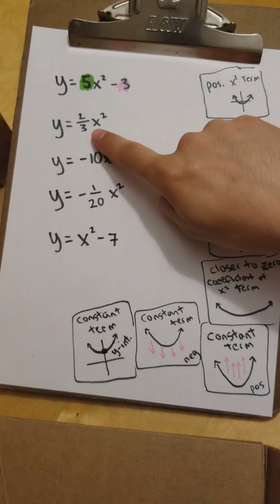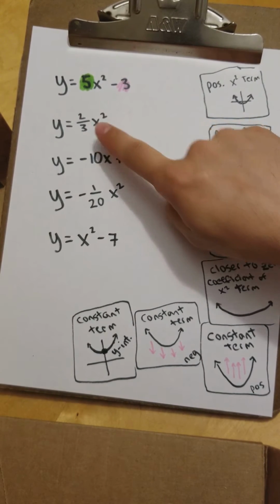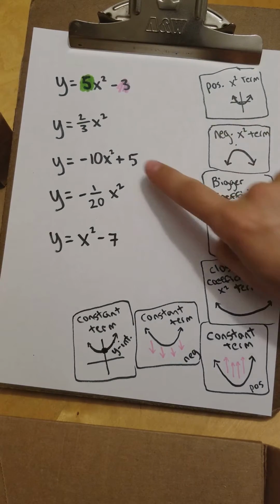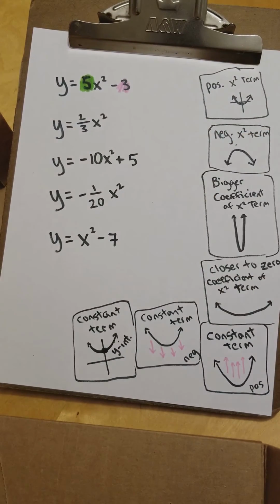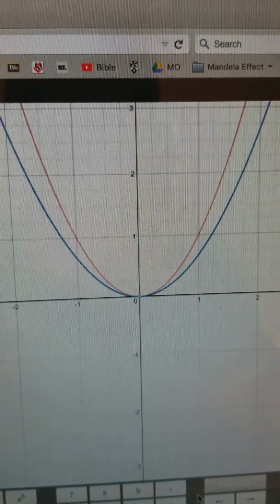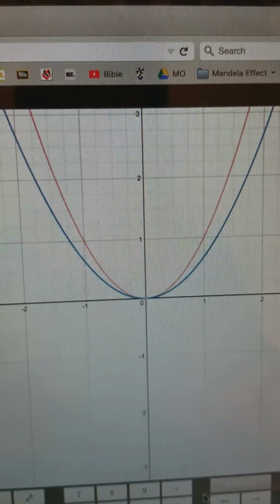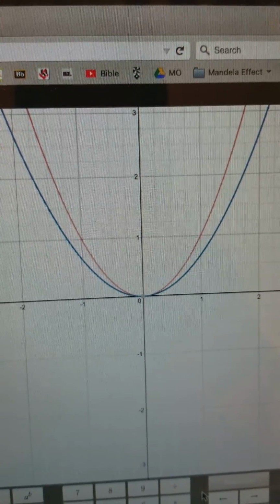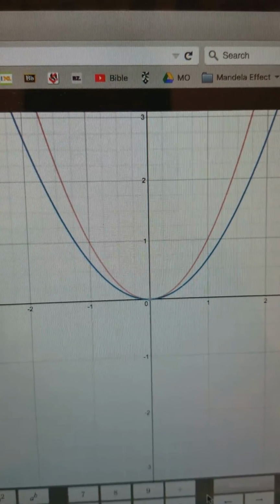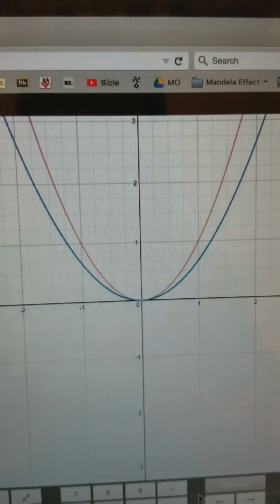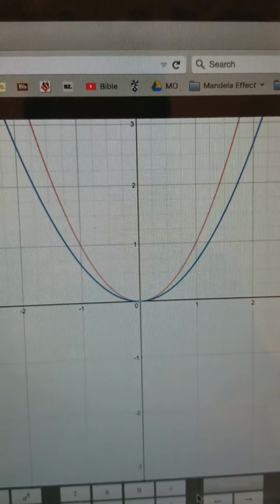So this will be wide, it'll be smiley as in opening upwards, and it'll go through the origin because it's not shifted. And here they are graphed out. You can see the parent function in red, and y equals 2/3 x squared is just a little bit wider, still goes through the origin.